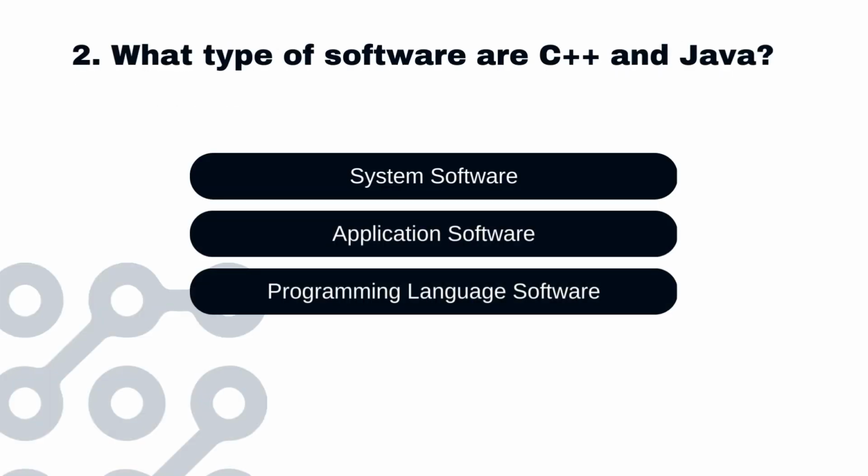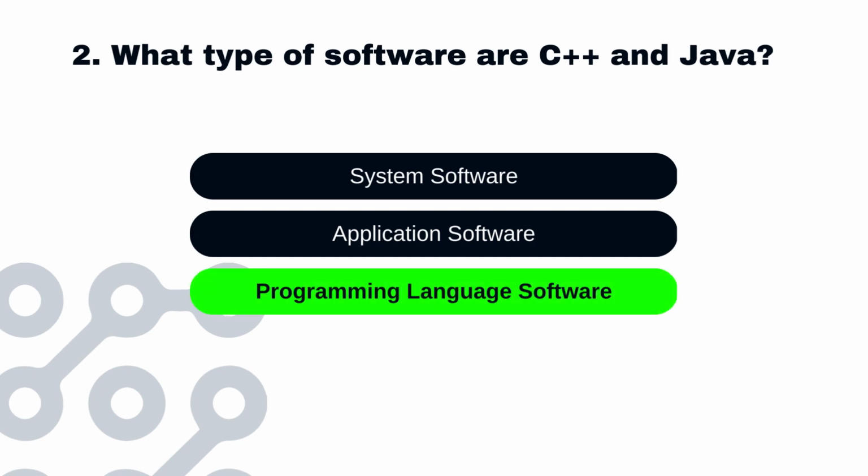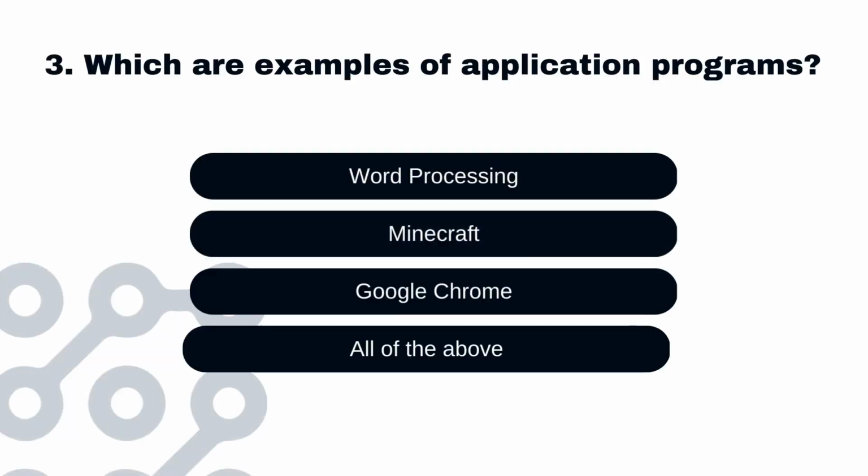Question number 2. What type of software are C++ and Java? And the correct answer is programming language software. Question number 3. Which are examples of application programs?